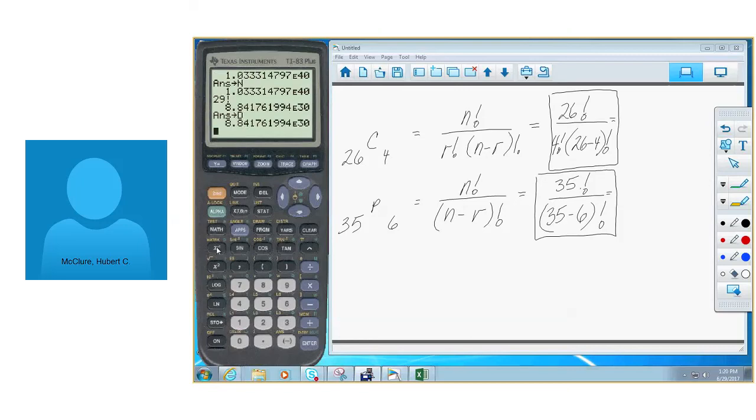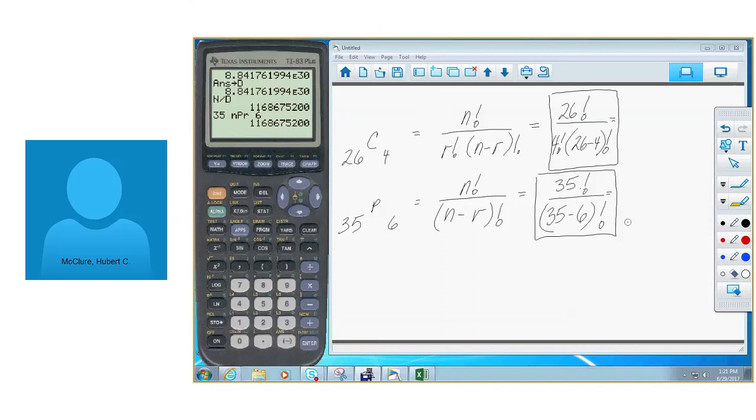And now we just take alpha N, oops, alpha N divided by alpha D. Now we check it. 35, math, permutation, 6. Look up there. I didn't get a single digit off.